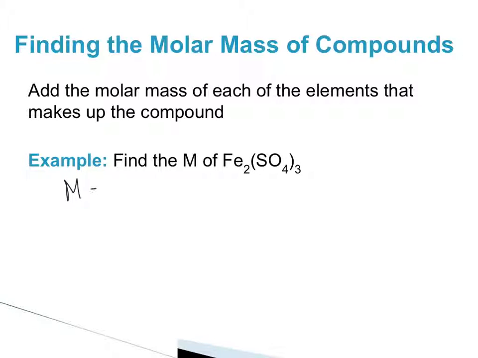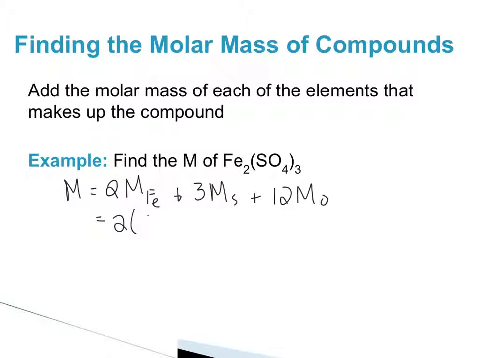So the molar mass is going to equal 2 times the molar mass of iron, because we have 2 atoms of iron, plus 3 times the molar mass of sulfur, because there are 3 atoms of sulfur, and 12 times the molar mass of oxygen, because we have 12 oxygens.